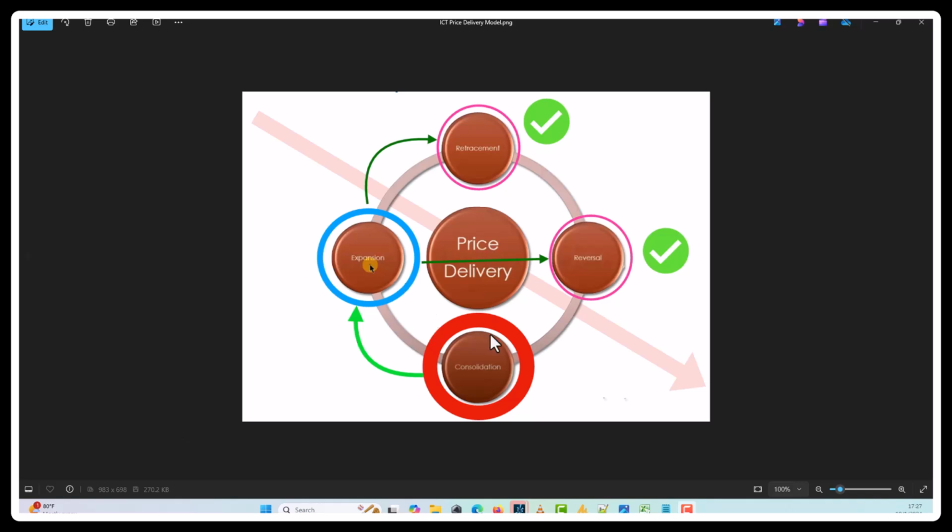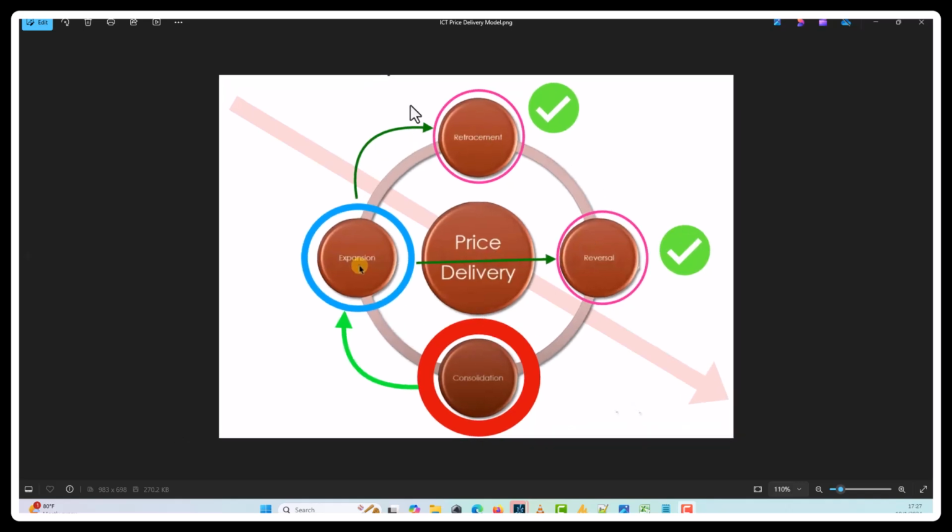So basically, right here, the ICT wheel of price delivery. We have 4 states right there. It can start with consolidation, and then it jumps into expansion. So there will never be expansion going back to consolidation.